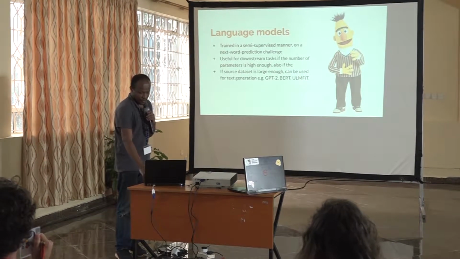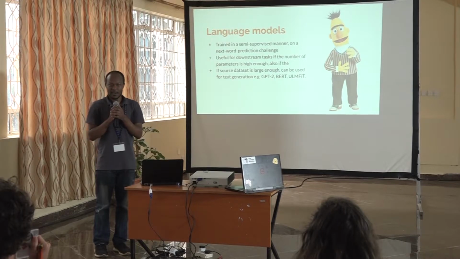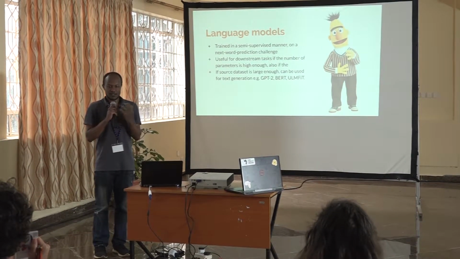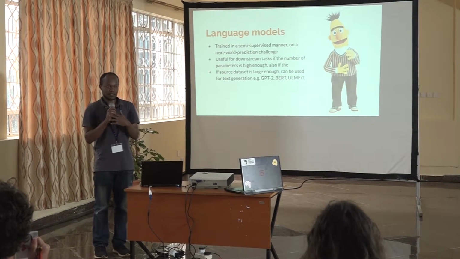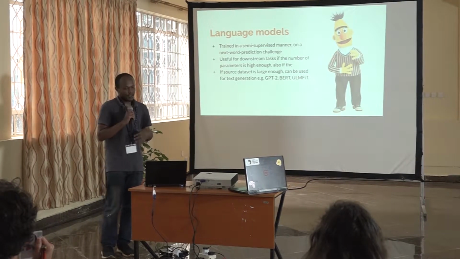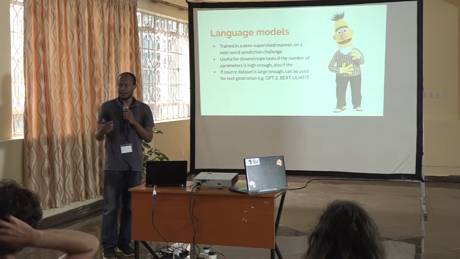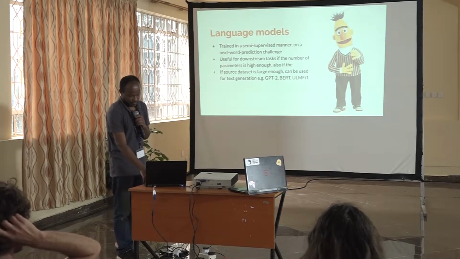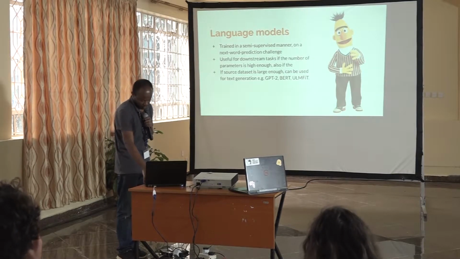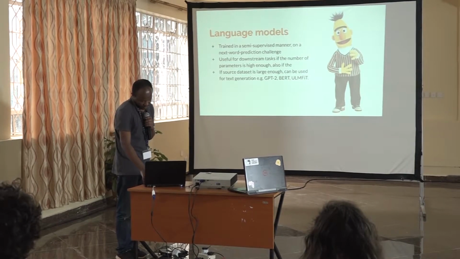So language models are tools, right? They're general tools. They can be used by pretty much any downstream task. So the idea is to train an unsupervised next sequence or next token prediction challenge. And the idea is to train a model that can accurately predict the next token from a group of tokens that have been provided by a previous data set.